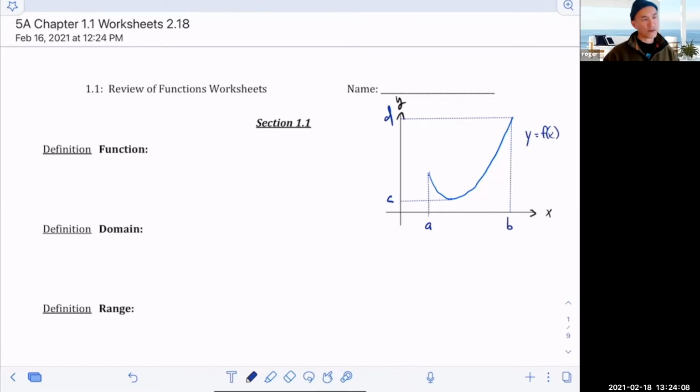Okay, so the first thing we want to do is talk about what a function is, what the definition of a function is.